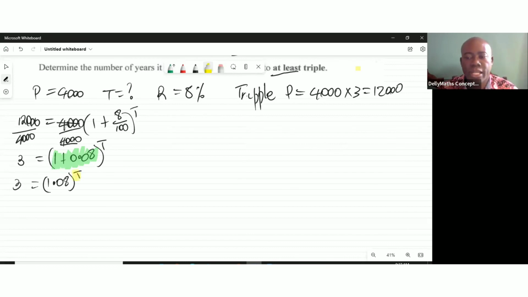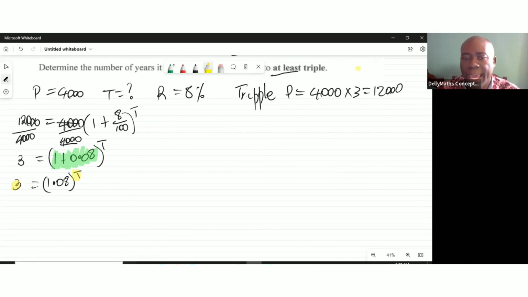In solving exponential equations, we normally rely on using a common base. For example, this is a base of 3, and I would think, what can I do to 1.08 for it to become a base of 3? I can't. And vice versa, I can't manipulate 3 to get a base of 1.08 either, which means this is when logarithm comes in.